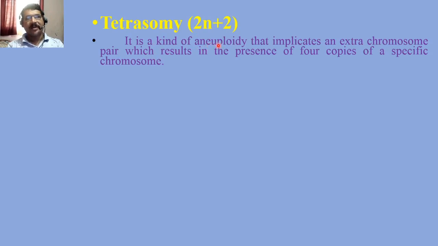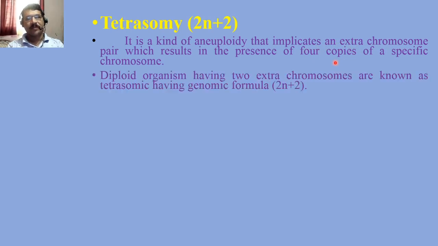It is a kind of aneuploidy that implicates an extra chromosome pair, which results in the presence of 4 copies of a specific chromosome. If a chromosome is represented 4 times in a genome, then it is known as tetrasomy.